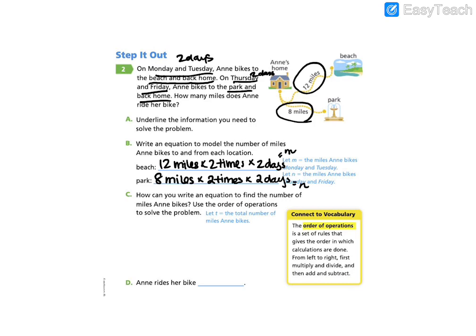How can we write an equation to find the number of miles she bikes in total? Well, we have our 2 equations here. We can set these apart using parentheses, but we're going to need to add them together to find the total. So I'm going to start with the beach, 12 times 2 times 2, plus the park, 8 times 2 times 2.